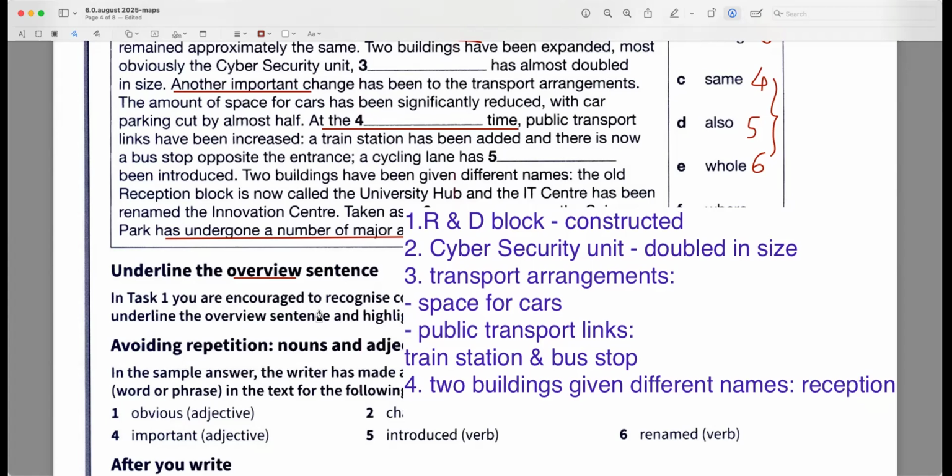Now let's look at all the changes. Let's see how the writer has grouped the changes. Any idea?